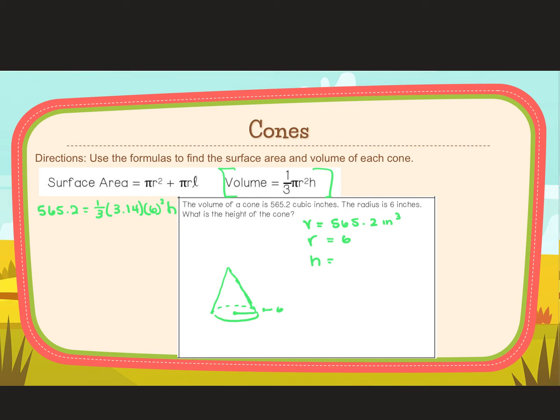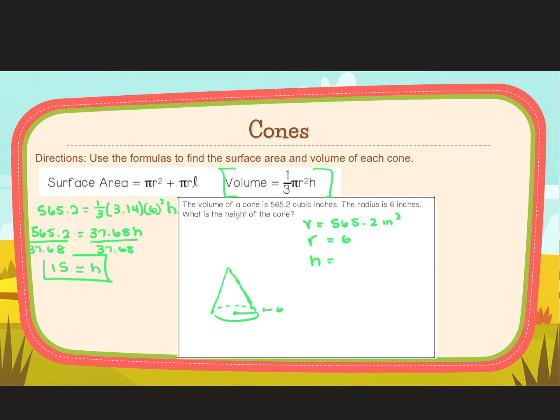So 565.2 is equal to 1/3 times 3.14 times 6 squared, which is 36, which is going to give us 37.68 times h. So remember, we're looking for the height. In order to figure out the height, we have to divide both sides by 37.68. And that gives us a height of 15.